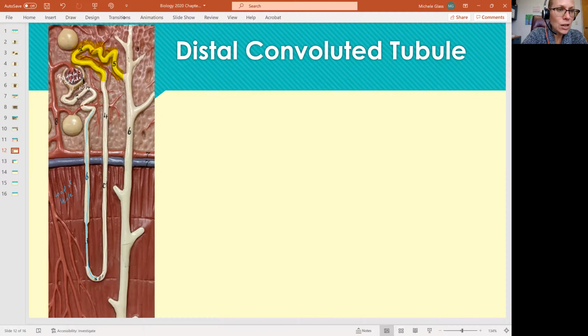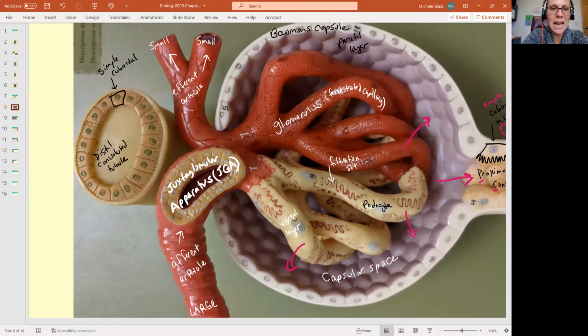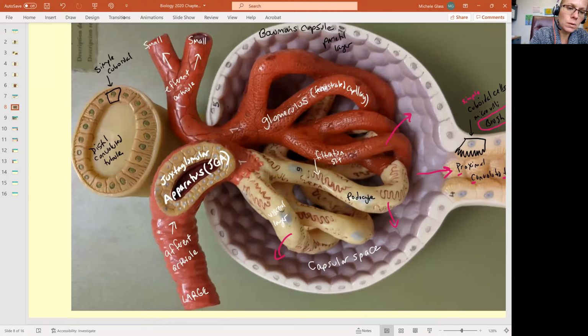If we actually go back to our diagram where we looked at the Bowman's capsule super up close, remember, we have here the distal convoluted tubule that's been cut up here close and in between the afferent and the efferent arterioles.